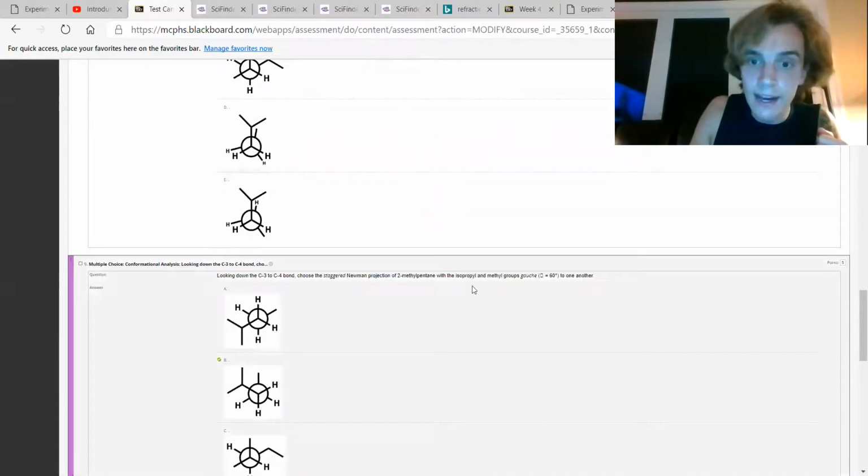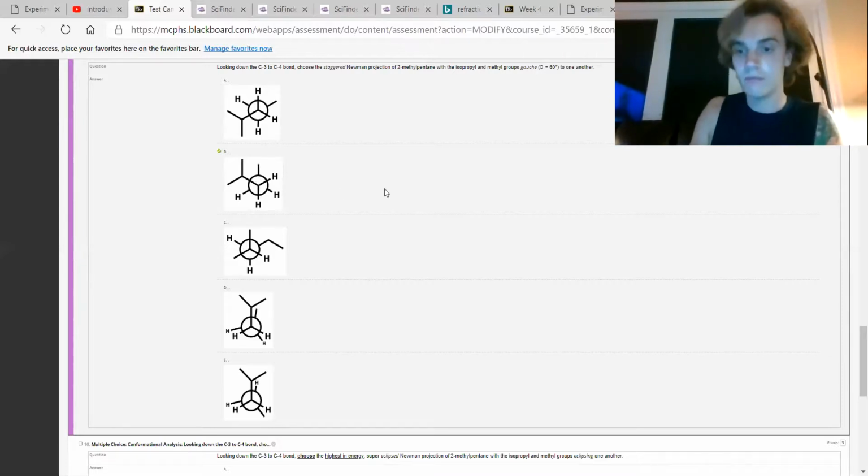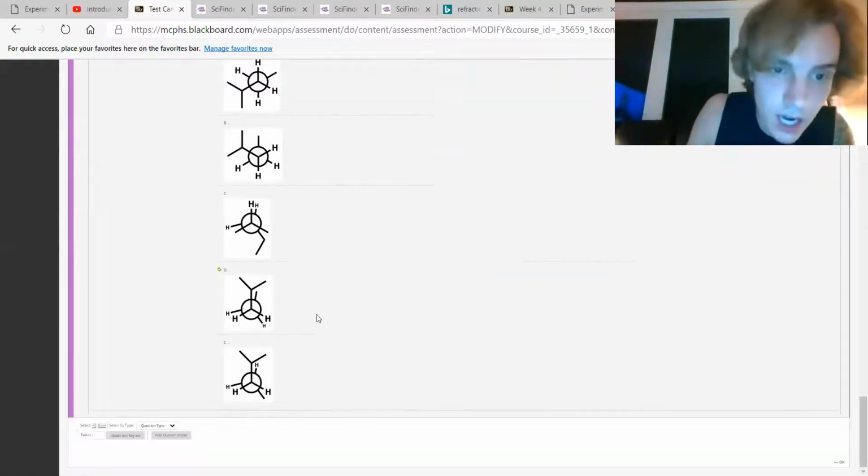I will tell you that gauche typically represents a 60-degree angle, meaning something that looks like here, or even here, depending on the molecule in question and the circumstance for the question.